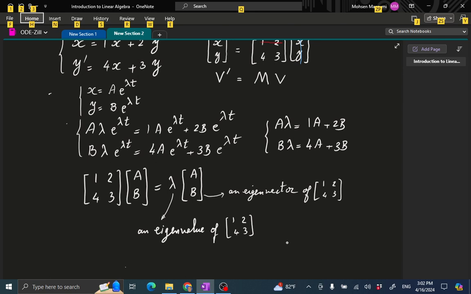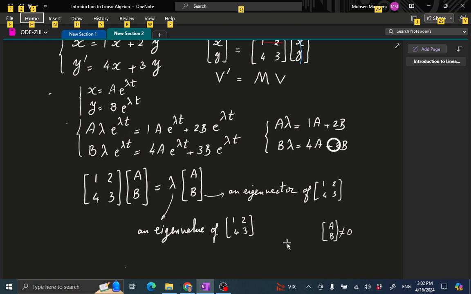So we exclude that solution as trivial or useless. In our solutions, we always search for a and b so that they are not both 0 at the same time. That doesn't give us any information. So how do we find all of these things?